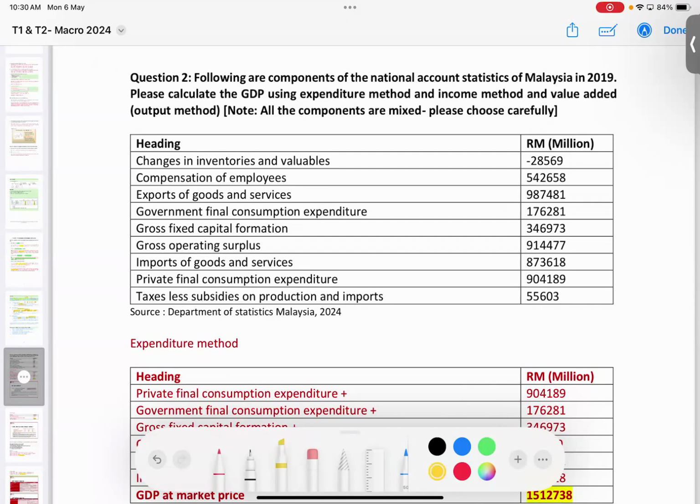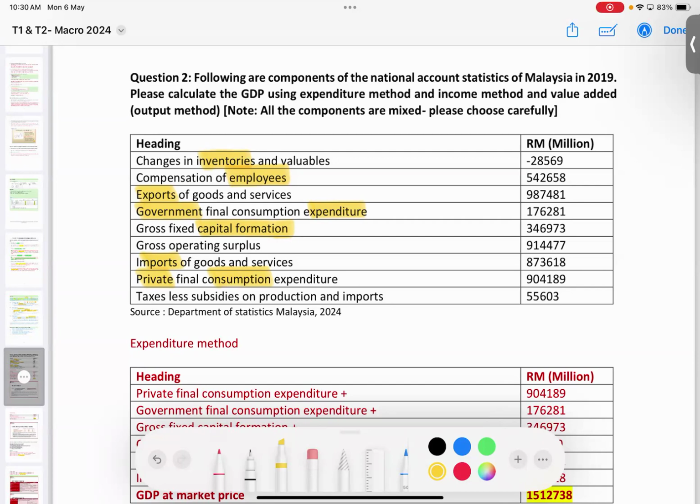You have changes in inventory and valuables, compensation of employees, that means the wages, exports of goods and services, government expenditure, gross fixed capital formation, gross operating surplus, imports of goods and services, private final consumption, and taxes less subsidies on production and imports.